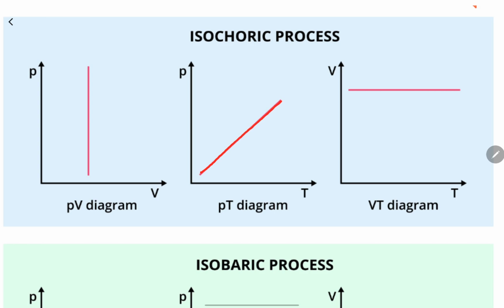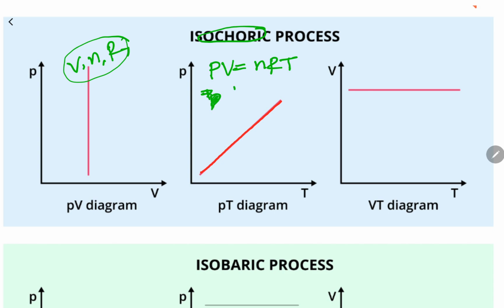Why is it a linear line? Let's try to understand that from the ideal gas law, PV equal to nRT. In case of isochoric process, my V is constant because it is volume. If V is constant, if n is constant, and R is already a constant, then I can say that pressure is proportional to temperature.